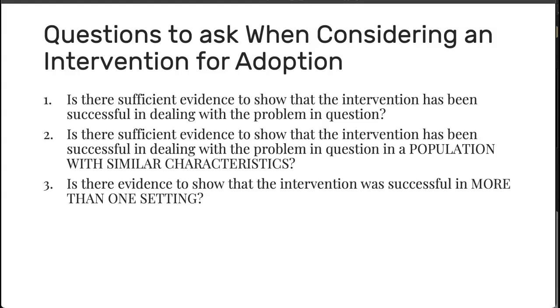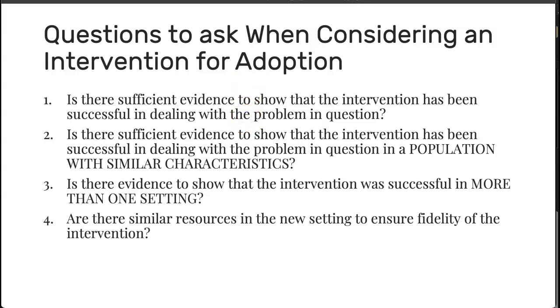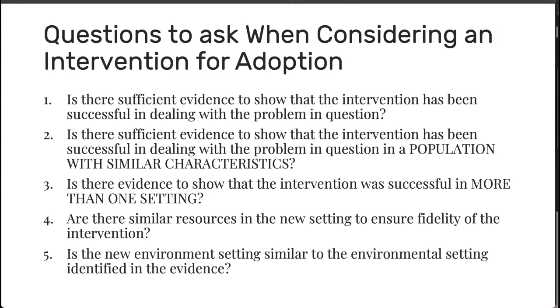Third, is there evidence that it's been successful not only in a similar population, but in more than one setting? Fourth, are there similar resources in the new setting to ensure fidelity of the intervention? Fidelity just means, are you being true to the intervention, adhering to the actual intervention components?